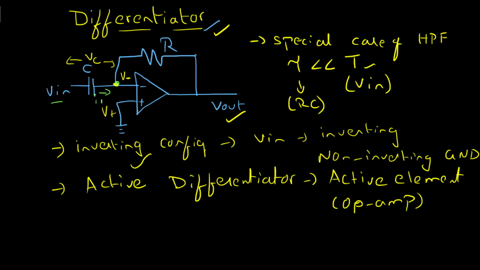At this node we have two paths. Now this I1 current is divided into these two paths, so that the current flow in the inverting terminal is I minus and the current flow in the resistor is I2. So I1 is the summation of I minus plus I2.